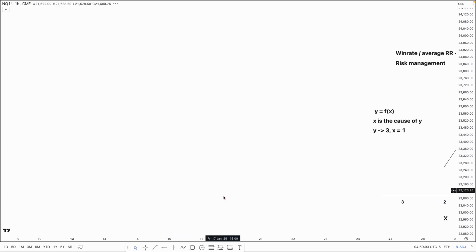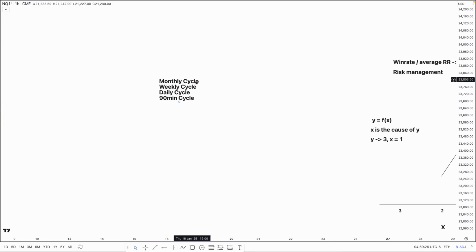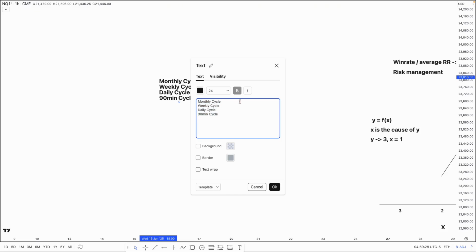So there are 4 main cycles that we will be paying attention to as intraday traders. And this is the monthly cycle, weekly cycle, daily cycle, and the 90-minute cycle. So hopefully we all know that the monthly cycle is made up of 4 weeks.